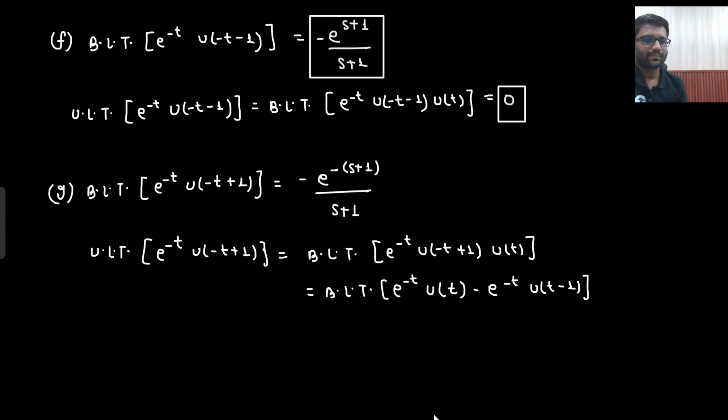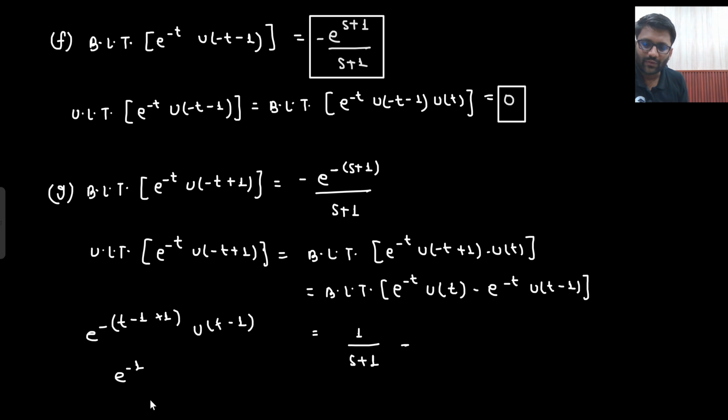Is that clear to you? Are you understanding this point? u of t minus 1 into u(t) will throw u(t) minus u of t minus 1. So this is something different. This is something that I have separated, right? So now e to the power minus t u(t) gives 1 upon s plus 1, minus e to the power minus t. So I will write t minus 1 plus 1, and then u of t minus 1.